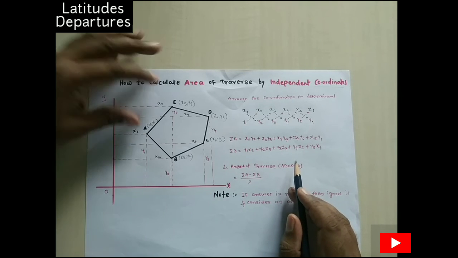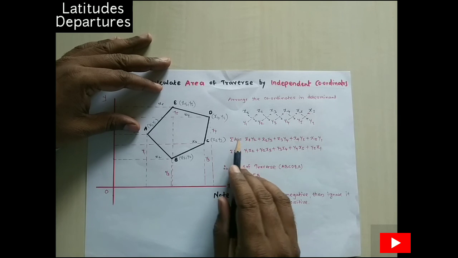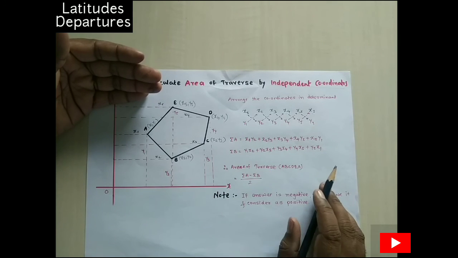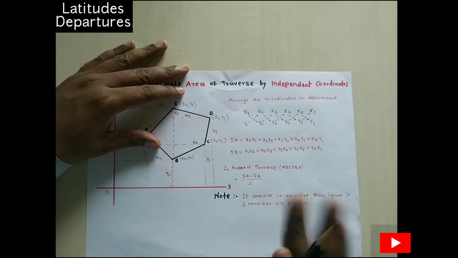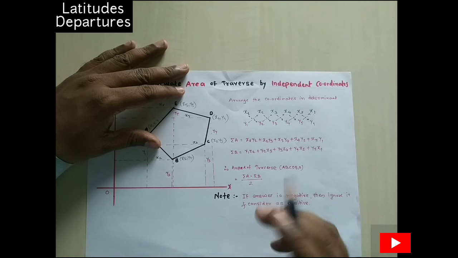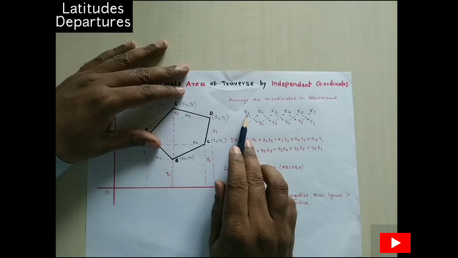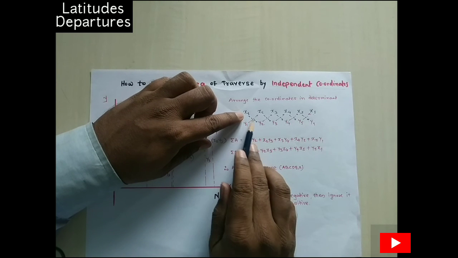Now if you want the area of the traverse, you have to do two important multiplications and additions. Summation A is the sum of the products of the coordinates connected by dotted lines.